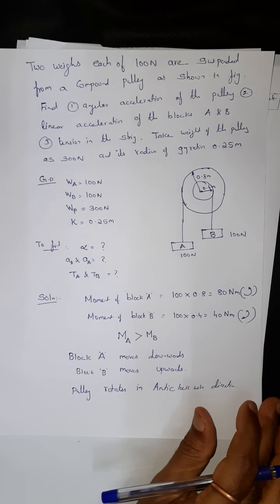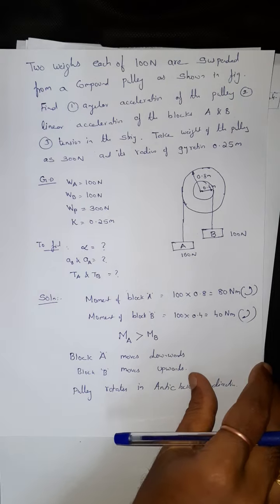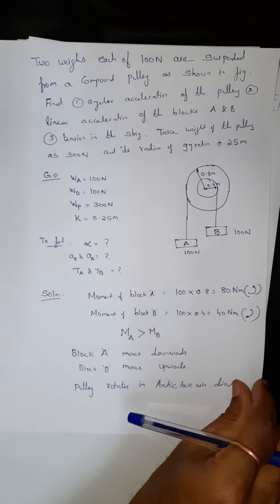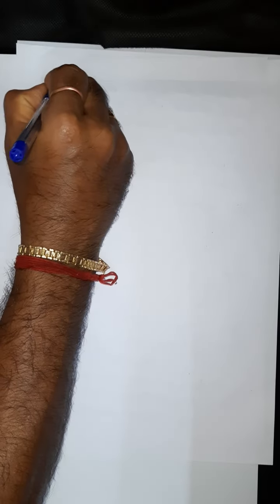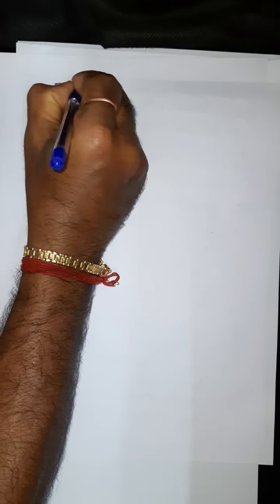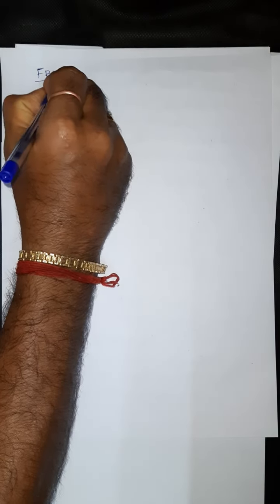To start with, I need to draw the free body diagram. From the free body diagram only I need to proceed. First, let me start with the pulley, then the other two blocks. Free body diagram for pulley.